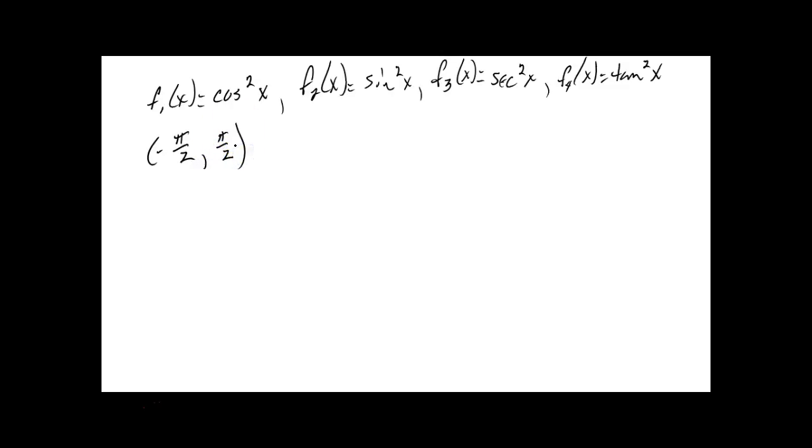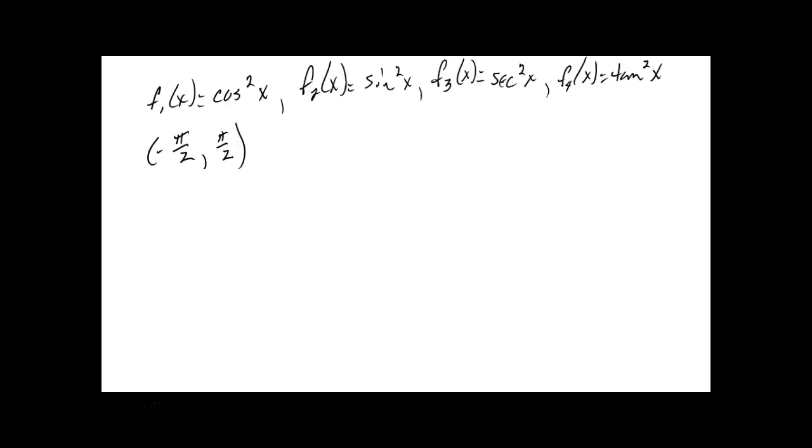Now, when they say on an interval, that means you're using the parentheses here in interval notation, meaning starting with -pi halves, but not counting negative pi halves, and going to pi halves, but not counting pi halves. Any reason why that would be the case?